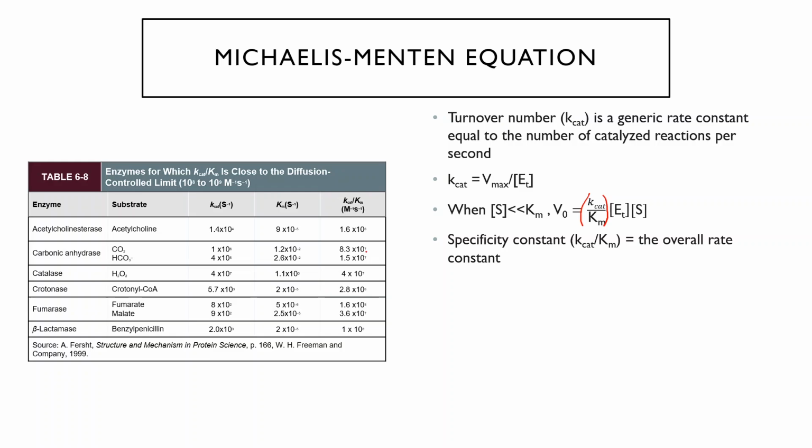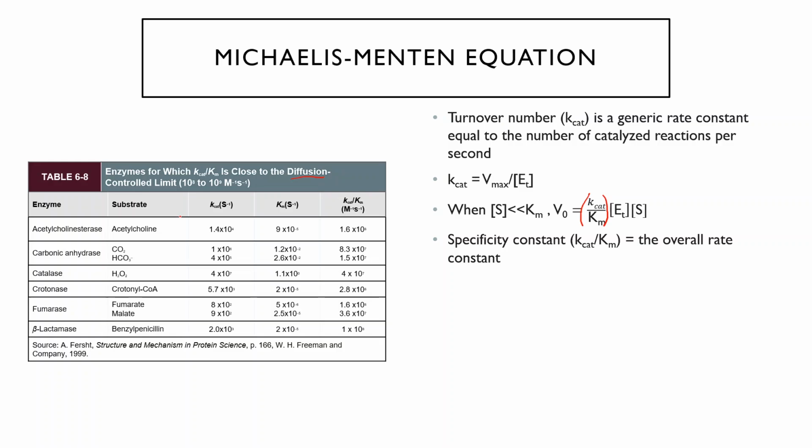And it's usually dependent on diffusion, because no matter how fast your enzyme is, the enzyme at least has to wait for the substrate to come in contact with the enzyme. And so that's what's called the diffusion control limit. So the diffusion control limit is just mathematically how fast an enzyme can hypothetically be when it has to wait for the substrate to come in contact.